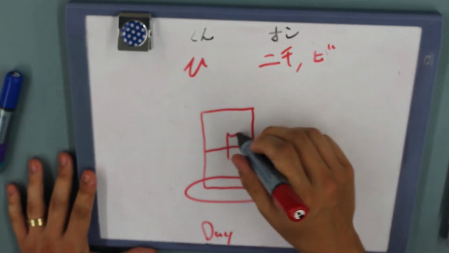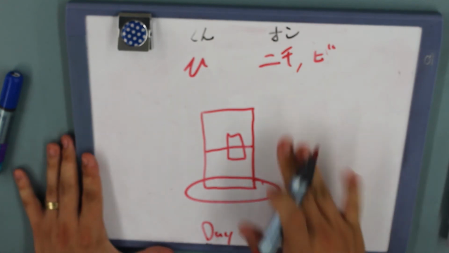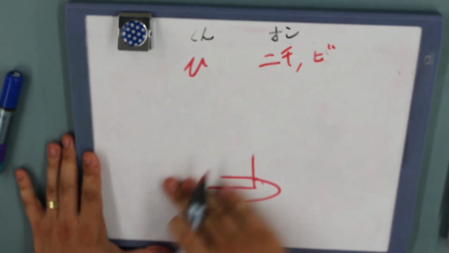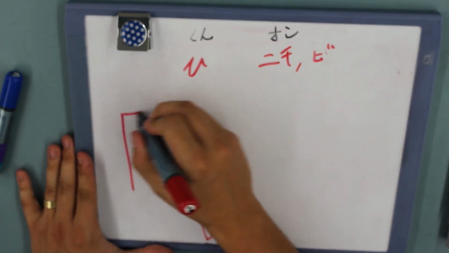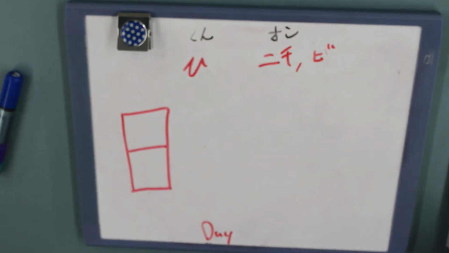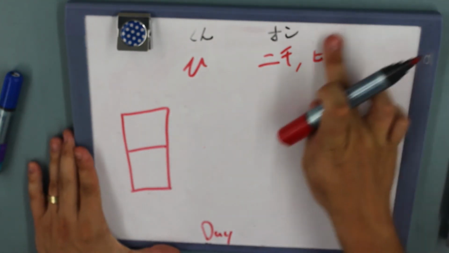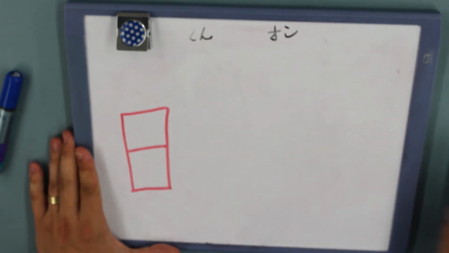So put your contents in first, then close the box afterwards. So that is day. Hi, nichi, and bi. So we'll leave this kanji here because I'll be using it in a second for something amazing that you'll all love. The next kanji you'll be learning is either book or origin.